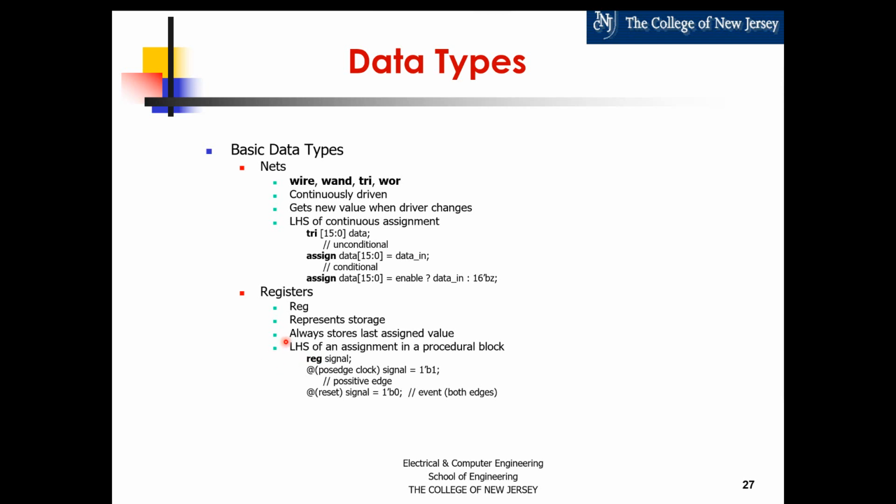We're going to see that the left-hand side of an assignment in a procedural block, as opposed to a continuous assignment, and we're going to see what the procedural blocks are in the syntax. We have the rule that the left-hand side of an assignment inside a procedural block has to be a reg.